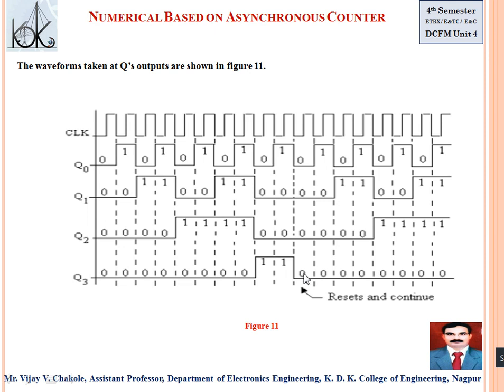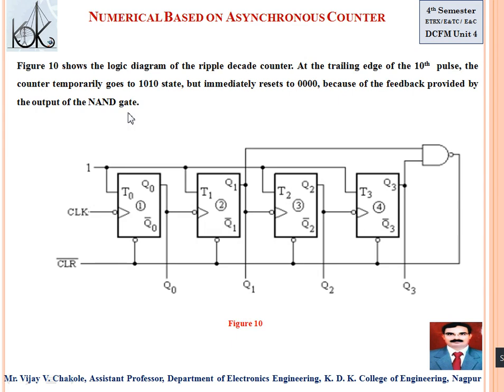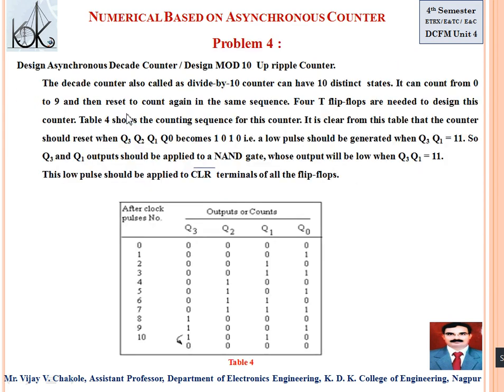So again 0 1 2 3 4 5 6 7 8 9, and this goes on. Every 10th clock pulse the reset logic circuit is activated, and instead of going to 10 you go to 0, and you get the sequence 0 to 9, 0 to 9. In this way you can design the mod 10 up ripple counter or decade counter.